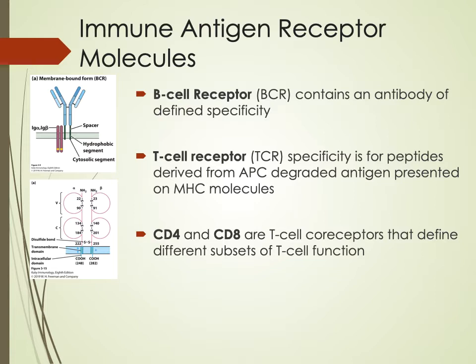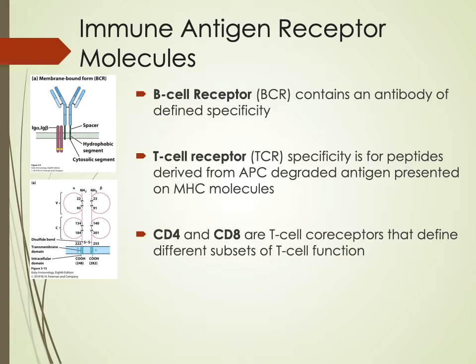Again, on the left, on panel A, we have on the lower one an example of a T cell receptor, and you can see how it's a dimer. So there's two portions, and like the antibody, there's a variable region. So the top piece that's labeled V varies between different T cells.